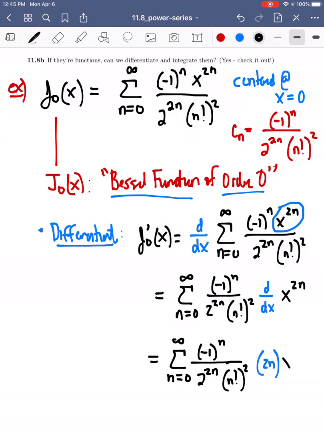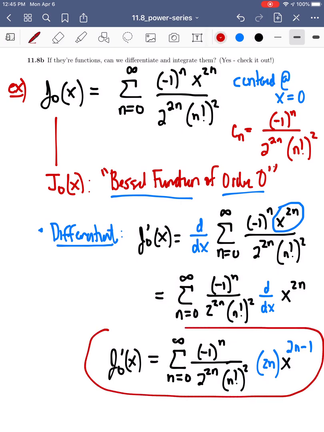And then we just get x^(2n-1), since we just subtract 1 out of that power of x. And that is our derivative of the Bessel function of order 0. So again, even though this looks like a scary power series, we can differentiate it in a fairly straightforward manner.